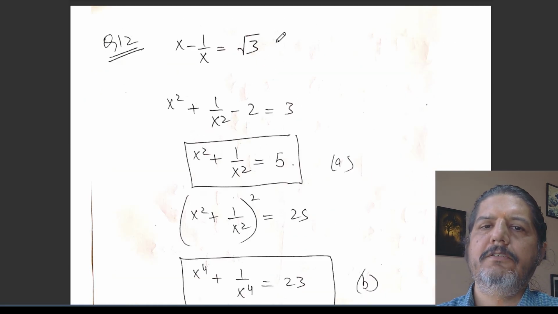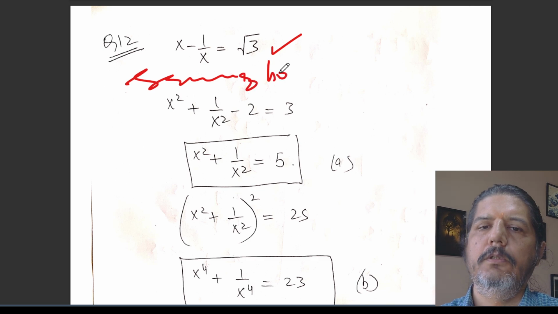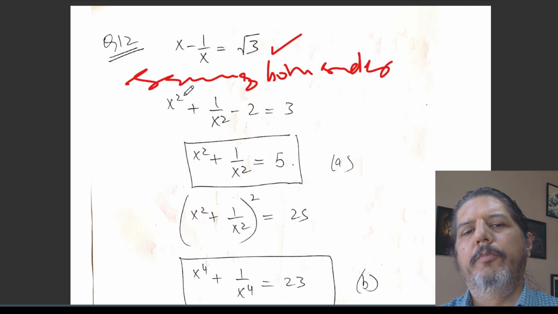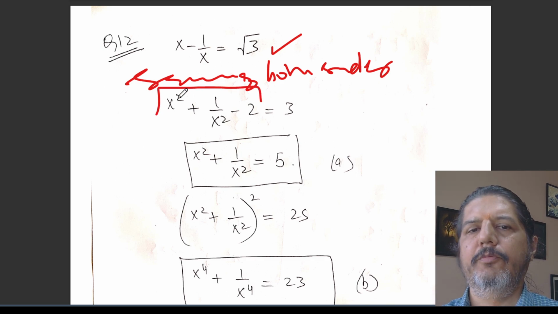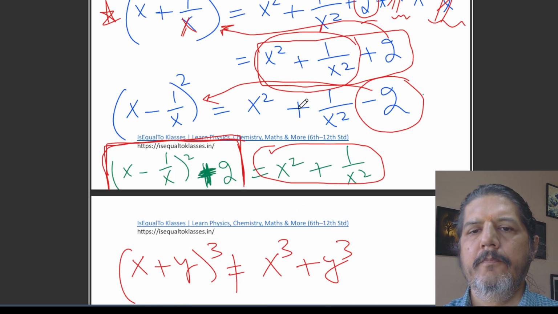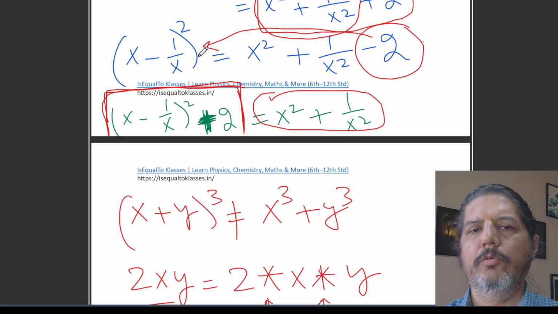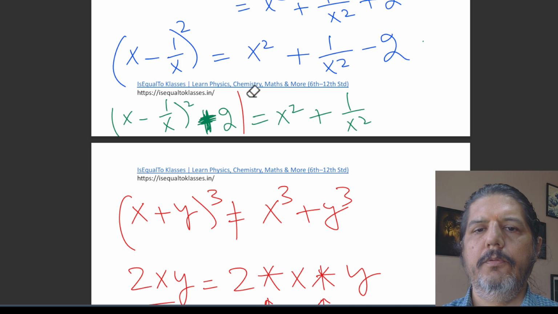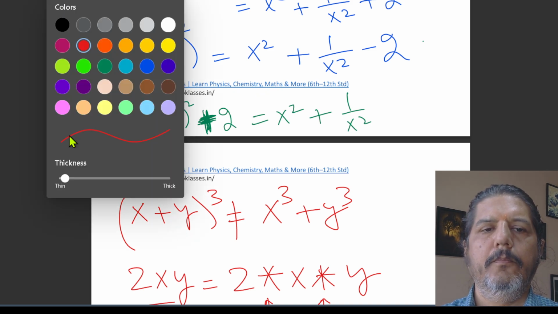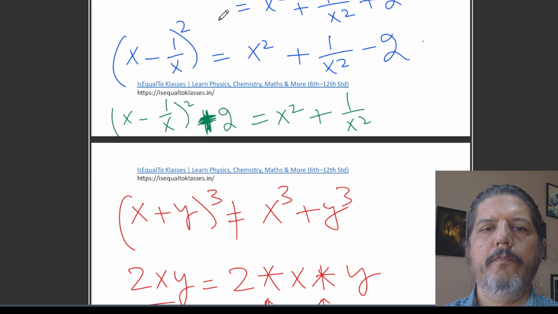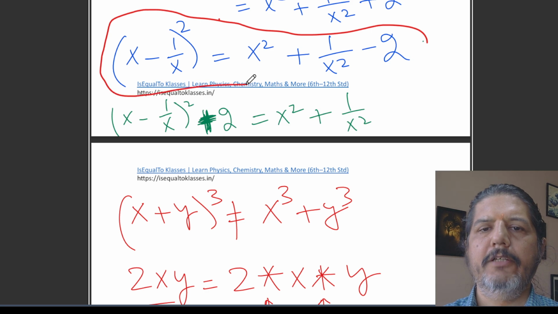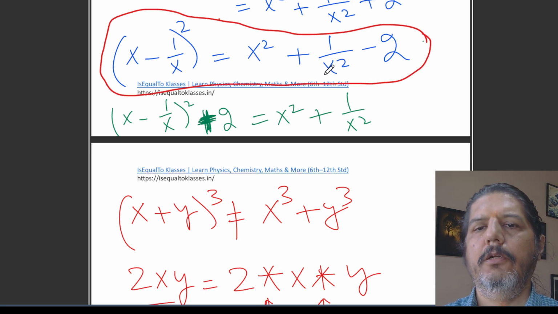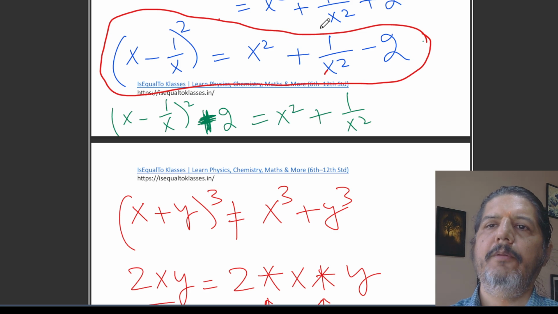So x minus 1 upon x is equal to root 3, squaring both sides. x minus 1 upon x whole square would be x square plus 1 upon x square minus 2. Where did I get this expansion? I got this expansion using x minus 1 upon x whole square, which equals x square plus 1 upon x square minus 2.